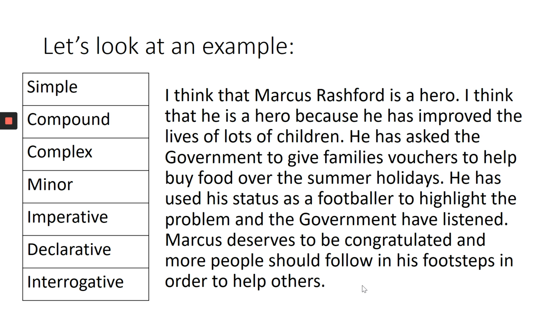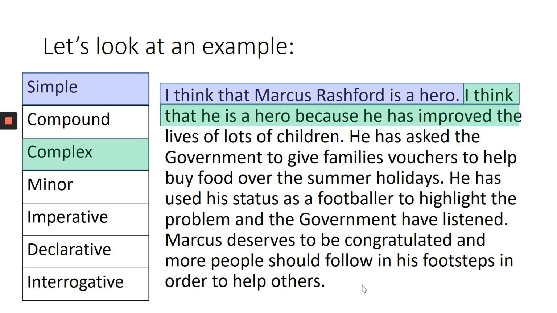So it's quite sensible. It makes sense. However, everything's getting a bit repetitive. So let's have a look. We start off with a simple sentence. We've then got a complex sentence because we've got that conjunction, because, in the middle. So that gives us, I think that he's a hero because he's improved the lives of lots of children.